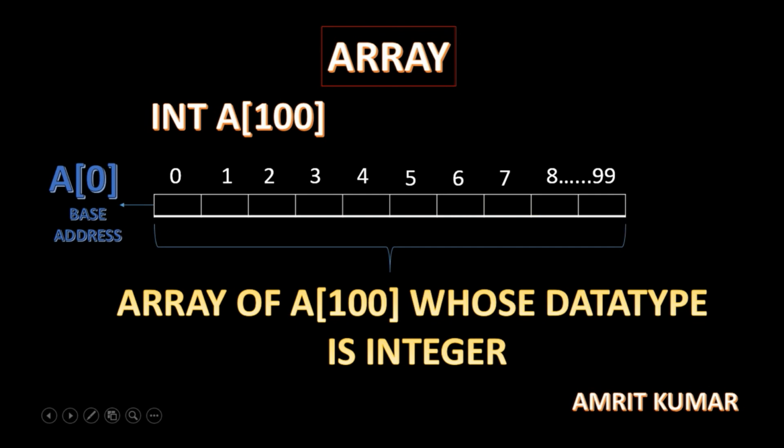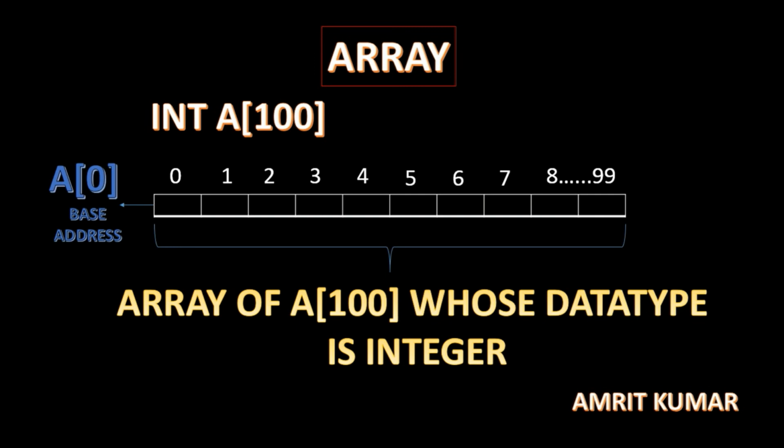So this is the array of 100 size whose data type is integer, containing the concept of an array. As we have studied the properties of an array as well as the demerit, the solution was that it is the programmer's responsibility to use the spaces very smartly.